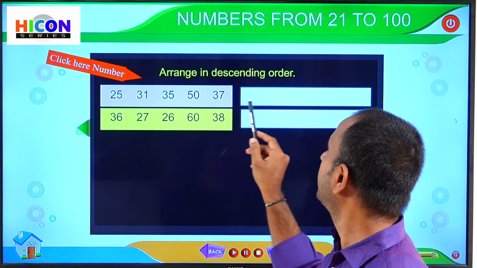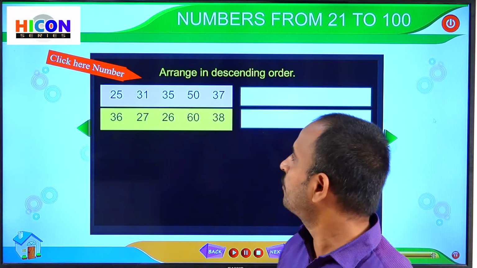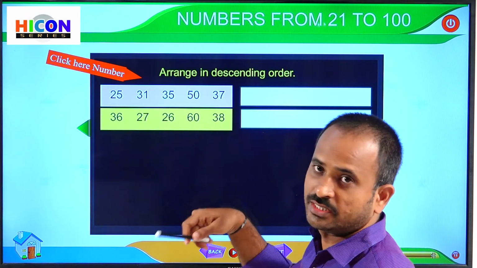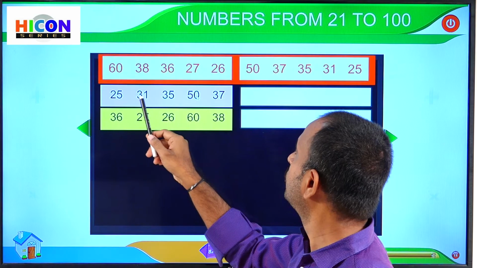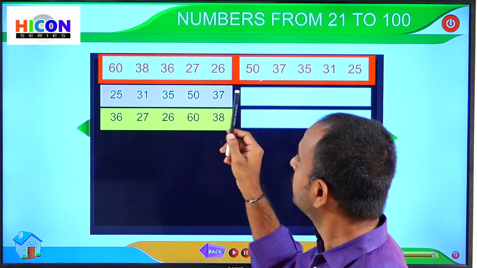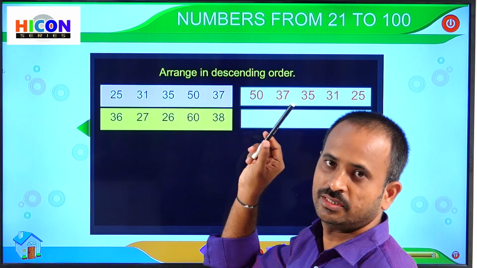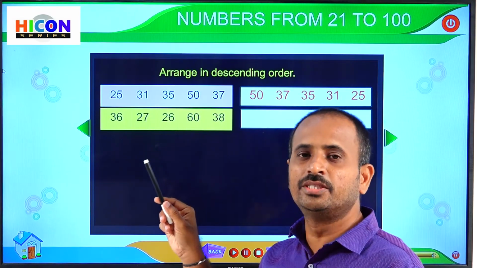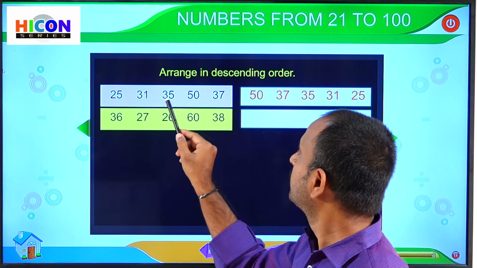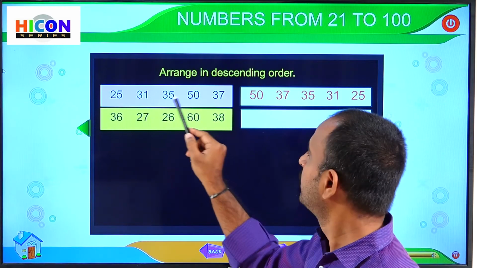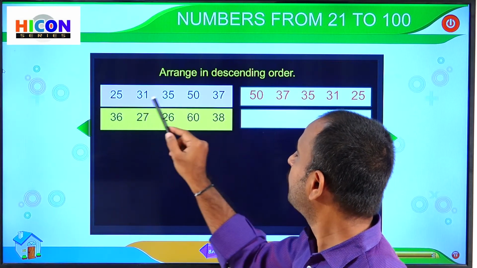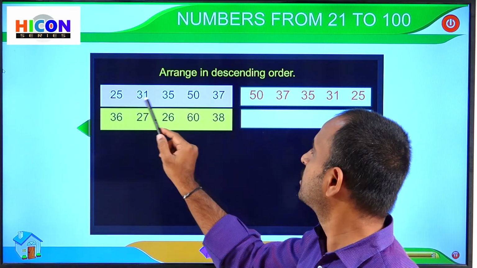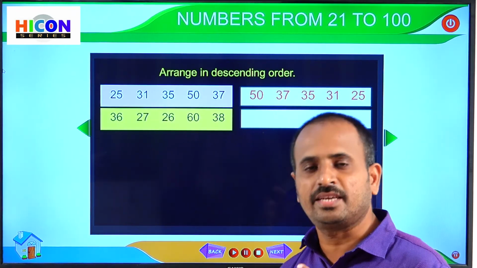So write 50 in the first place. And after 50, which is the next greatest number? That is, which is the next greatest digit? 2, 3 or 3. So 3 is the next greatest digit. But there are 3 numbers with the same digit 3: 31, 35, 37. If the first digits are the same, then compare the second digit.